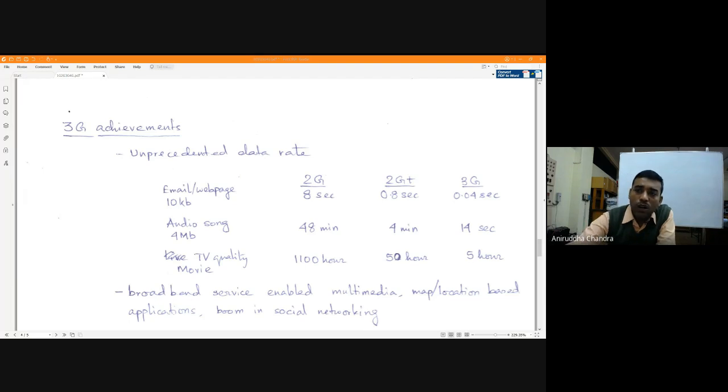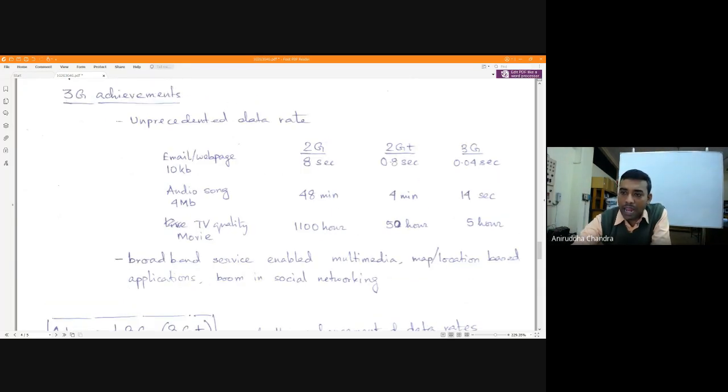Now, this was one of the big achievements of 3G, that is the higher data rate. And then there was another achievement, that is when you have such kind of data rate, then you can realize a lot of other services, because you have to remember that the basic smartphones were coming at that time. They had many different kinds of apps, and they also had a GPS kind of system. So once you install the GPS sensor inside your mobile phone, then you can access map or location based applications.